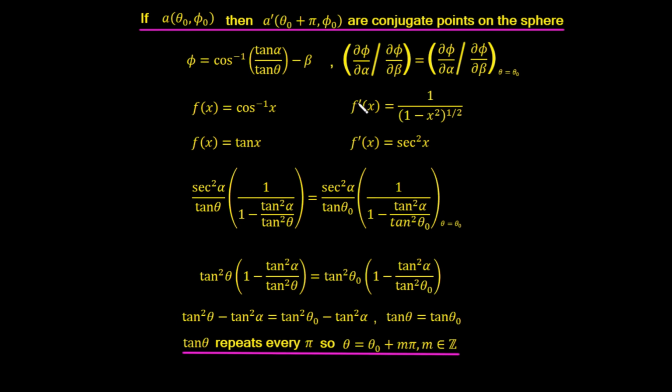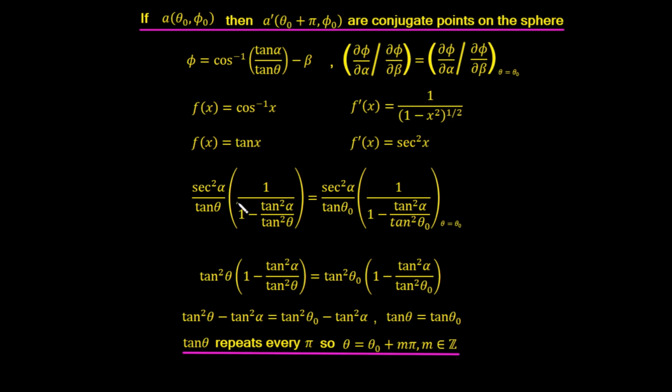And the derivative of x for this inverse cos is going to be 1 upon 1 minus x squared to the power of a half. So it's going to be 1 upon 1 minus, now x in this case is our tan alpha upon tan theta, so it's going to be tan squared alpha upon tan squared theta. And I've noticed there that I've missed out the power of a half. So that's all of this, 1 minus x squared to the power of a half.